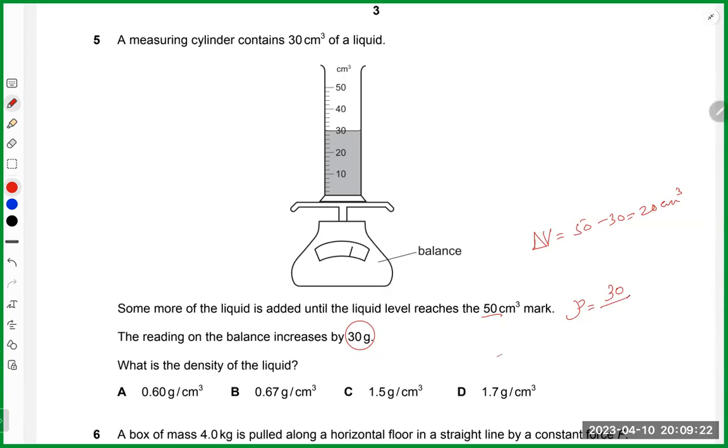So this mass is produced by 20. So 30 divided by 20, just one second. I broke my pen. Okay, back. It is 20, so 1.5 grams per centimeter cube. Answer is C.